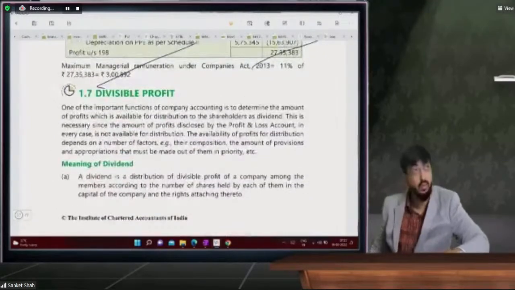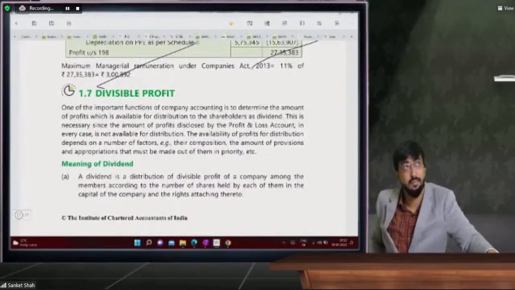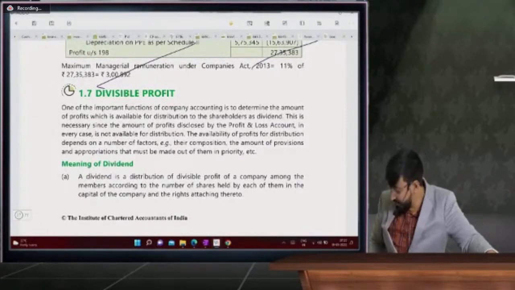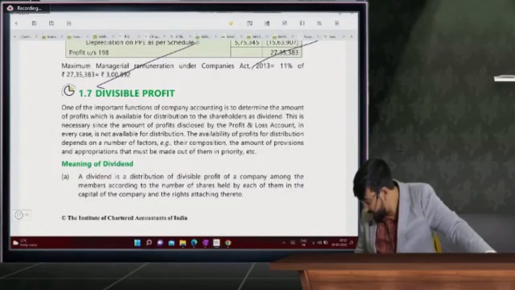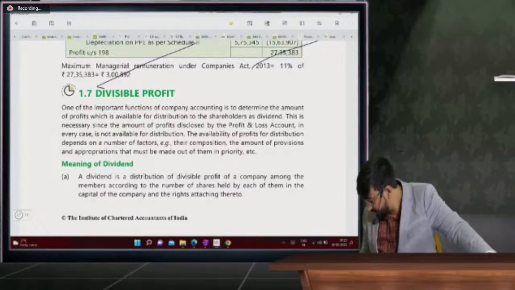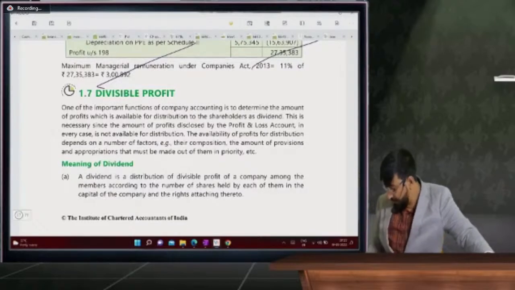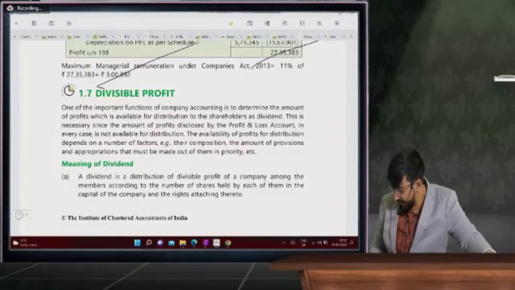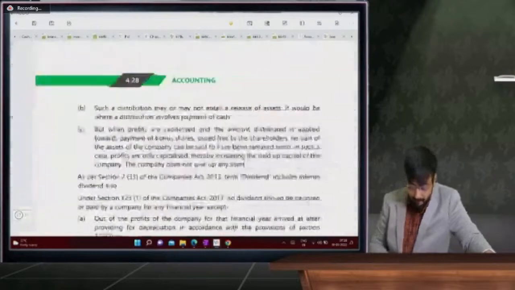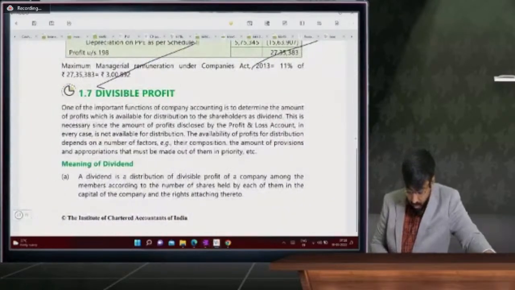Let's go, so divisible profit. So let's understand the new concept. Okay, let's understand the concept of divisible profit. So now very important.